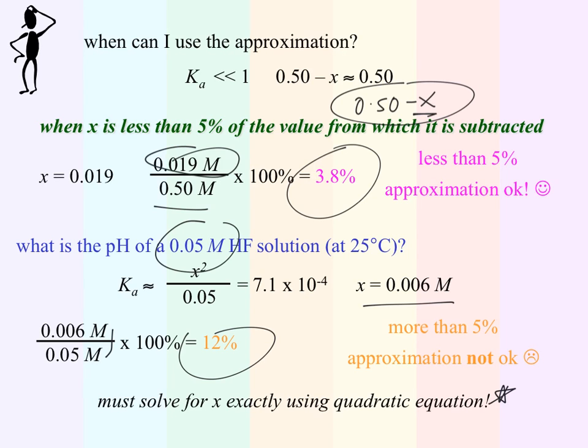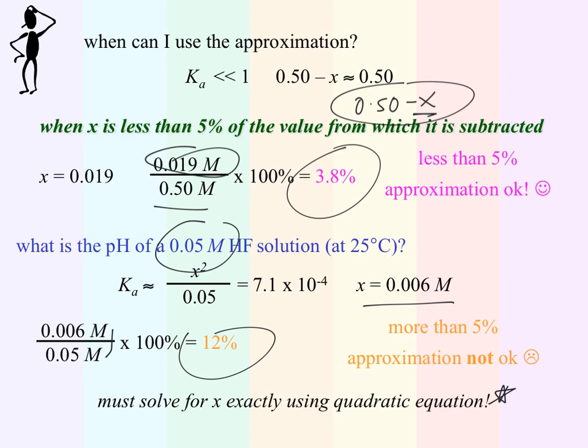Once we've established that we have a weak acid, we're then going to set up our equilibrium expression, basically our ionization expression, with respect to the actual acid and what conjugate acid and base it's going to produce in solution. After we do that, we set up an ICE table.